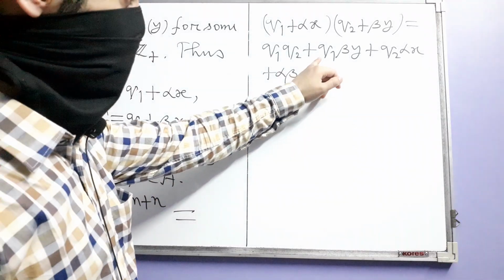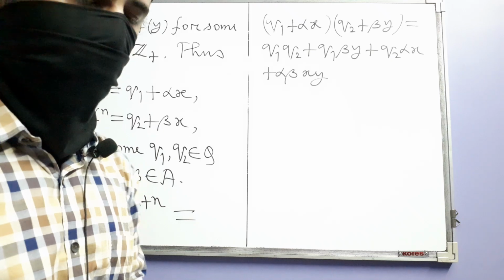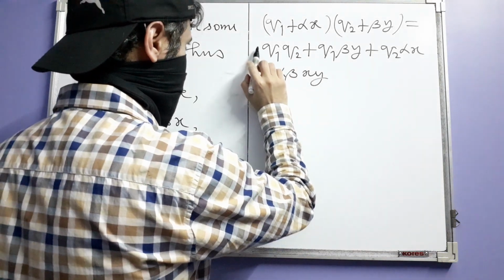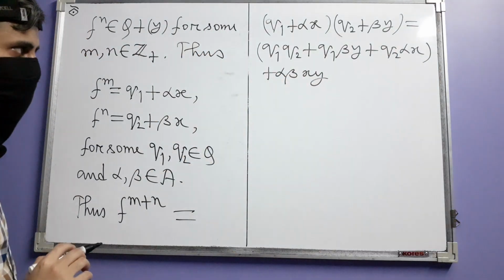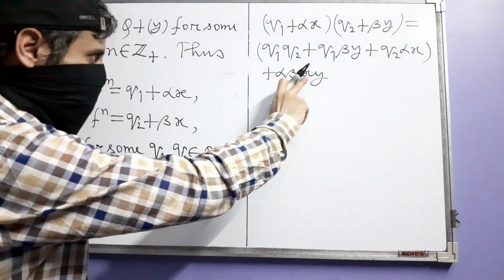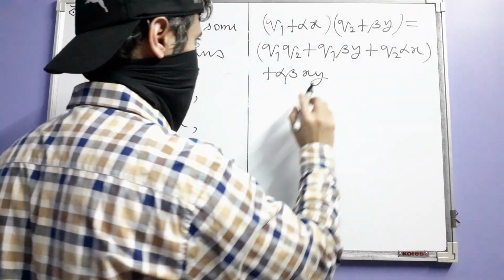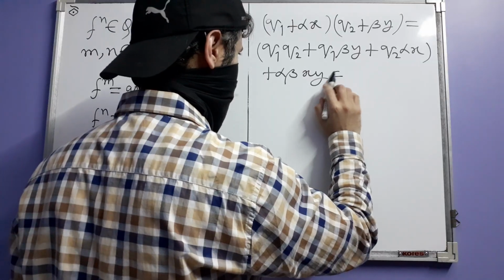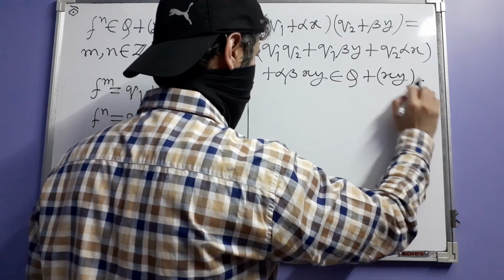So you multiply the ideal element Q1 by any ring element beta y, it's again in Q. Similarly that one. So this part is an element in Q. However, this part is a multiple of xy, and that is why this entire thing belongs to Q plus xy.